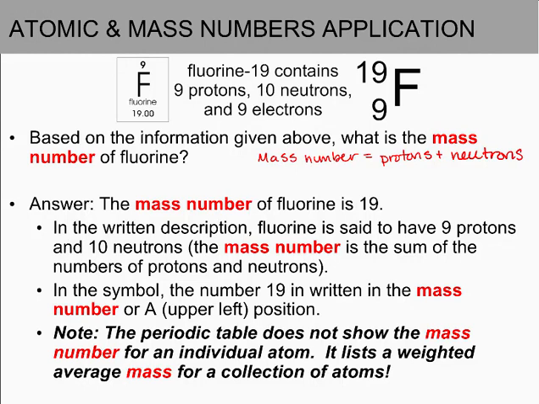And in this particular example, we have a mass number of 19, and we have 9 protons. So we're really just setting up an equation here to help us determine how many neutrons there are. So in this case, if we subtract 9 from 19, we can see that this atom of fluorine has 10 neutrons.